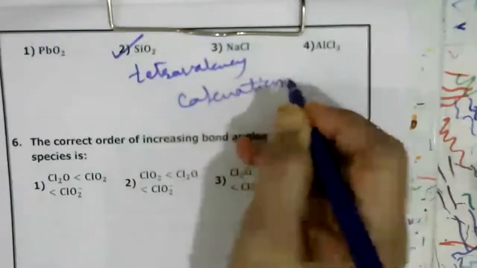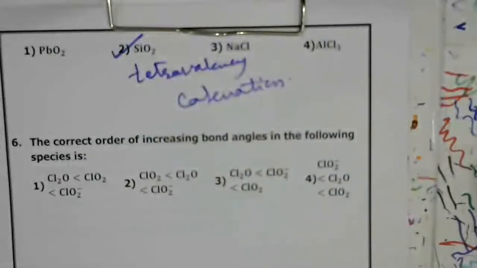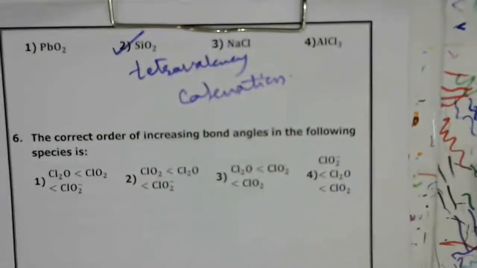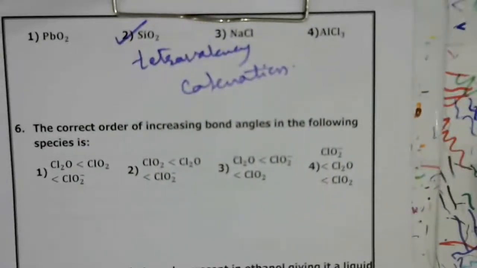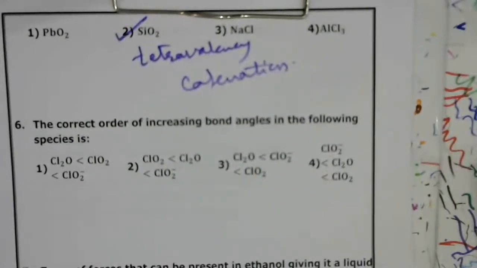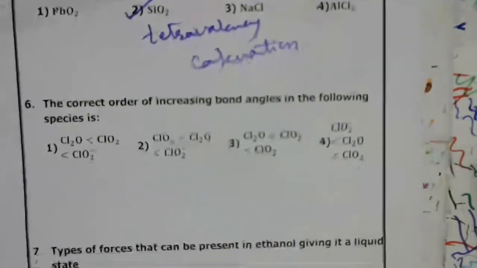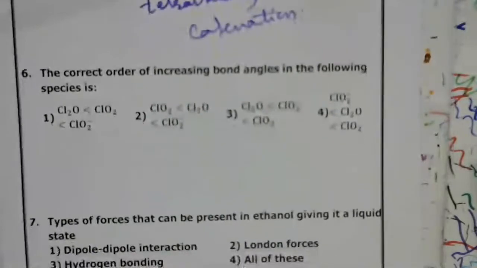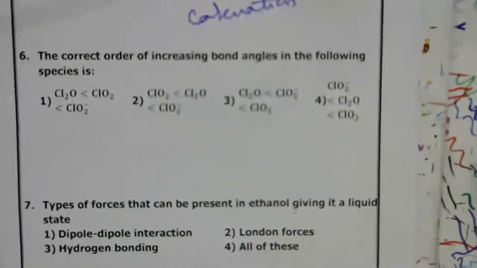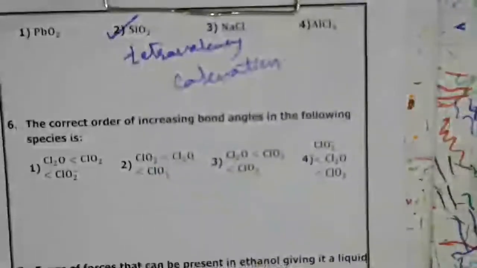We know very well that the self-linking property is called catenation. Therefore, based upon the tetravalency and the catenation, maximum giant molecules are obtained from silica.